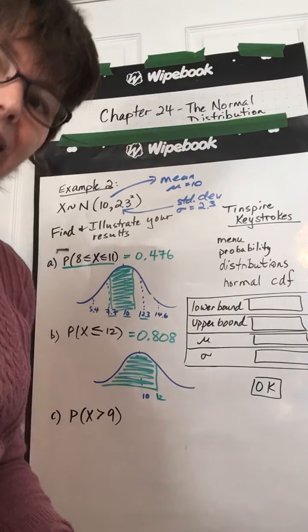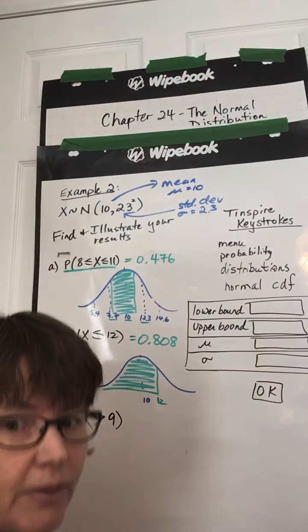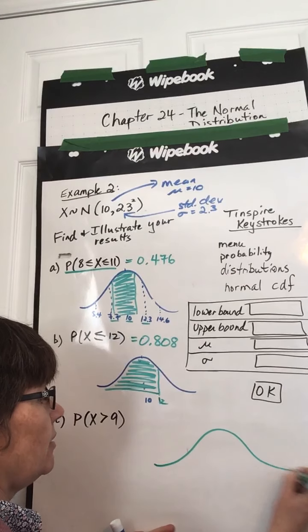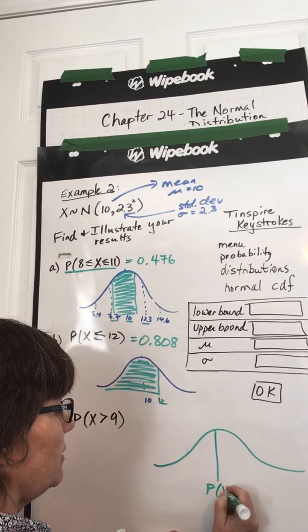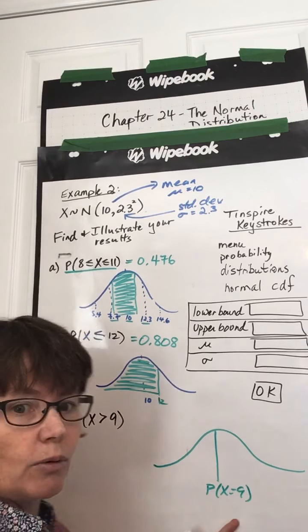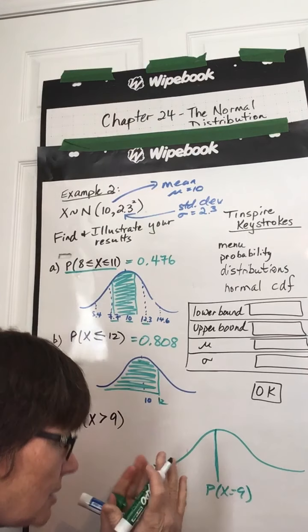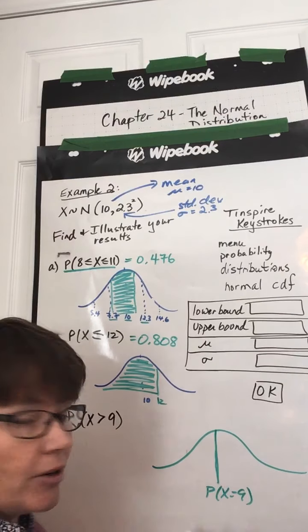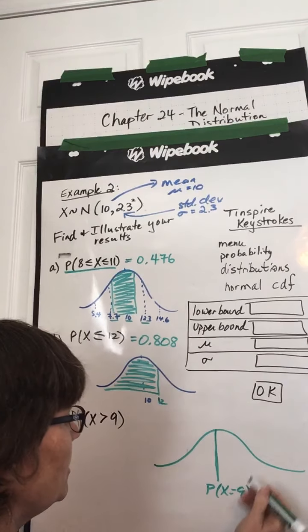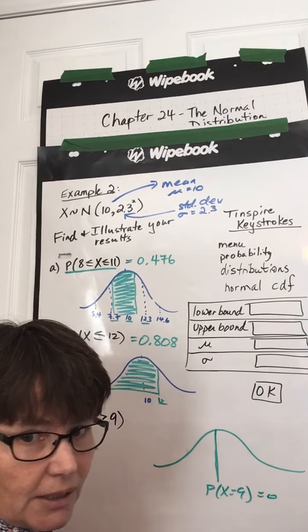If we think back to the area under a curve in calculus, if we want to calculate the probability that x equals 9, we're actually not going to be able to do that because it's such a small strip that it has an area of 0. So the probability that x equals 9 will give us 0.